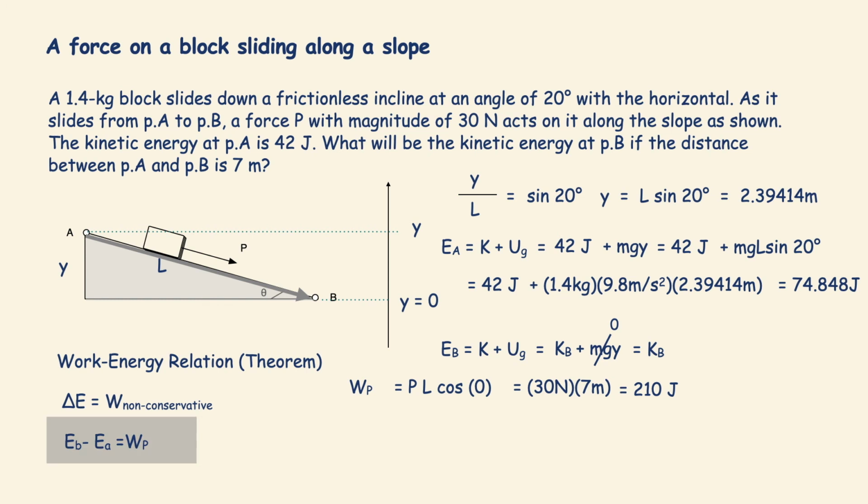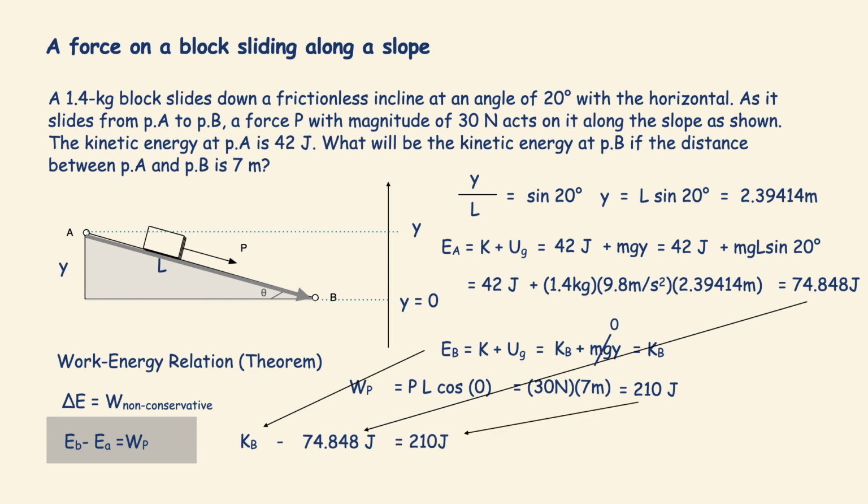With that, I can go back to the work-energy relation, and now I can start putting the numbers for the energy and for the work. First, the energy at point B, remember, was equal simply to the kinetic energy at point B. Then I have to subtract the energy I had at point A, which was 74.848 joules, and that has to be equal to the work done by the non-conservative force P, 210 joules.